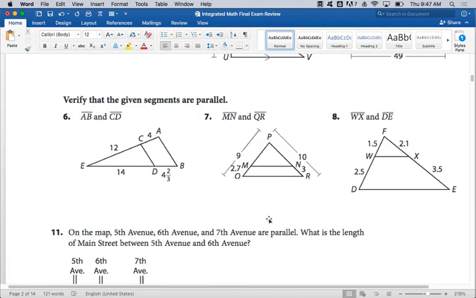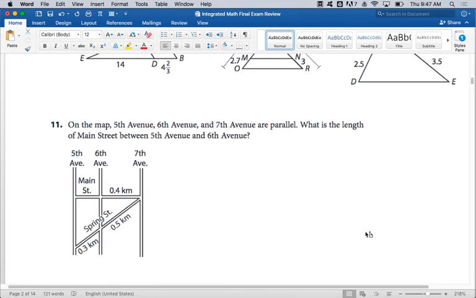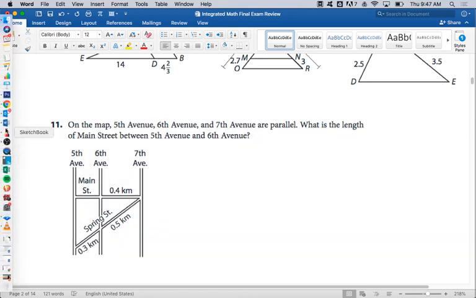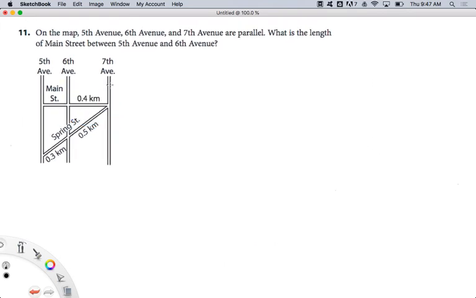All right. Now, let's take a look. These ones, 6, 7, 8, basically are saying the same thing. You guys can work through them if you want, but we're not going to do them in class. Number 11. It says you're given a map, 5th, 6th, and 7th Avenue are parallel. What's the length of Main Street between 5th and 6th Avenue? Again, we've got a triangle being divided by a line parallel to one of its sides. So we get green over blue equals green over blue.